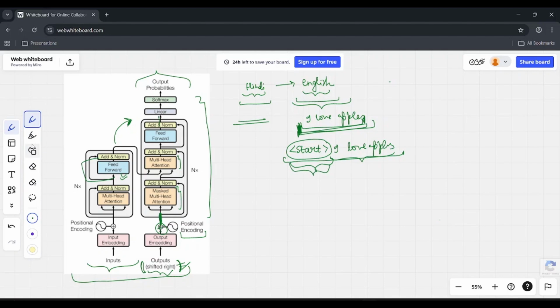Once the encoder is done with its processing, now it's the decoder's turn to do the processing and produce the final output. Now the inputs that we get here go inside our decoder block, and the first block that is encountered by our input vector is masked multi-head attention.